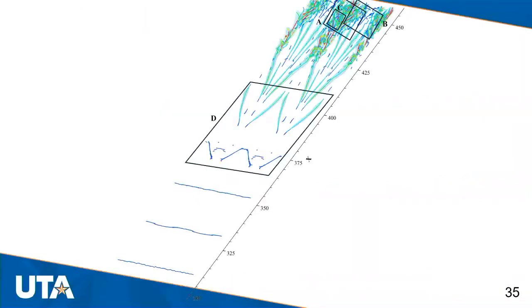It's almost vertical, and so a very clear vortex structure. And then we take a close look at region A. We can take a look at an enlarged view of region A.